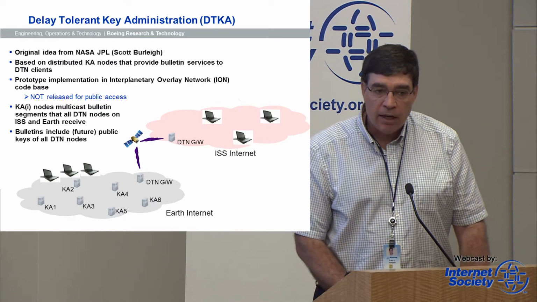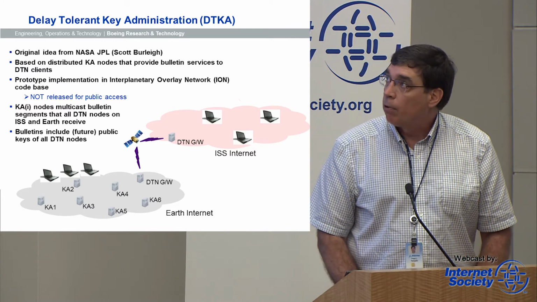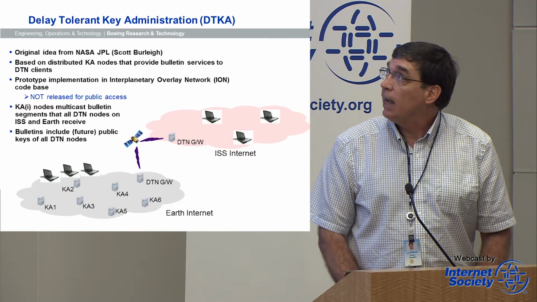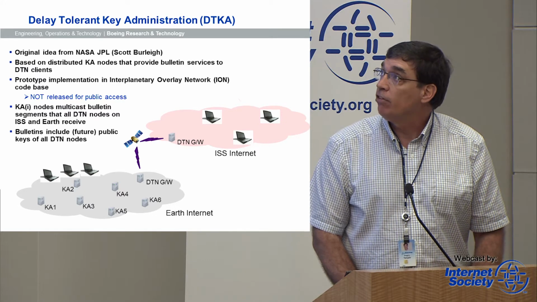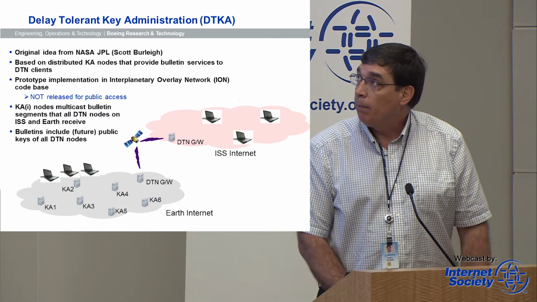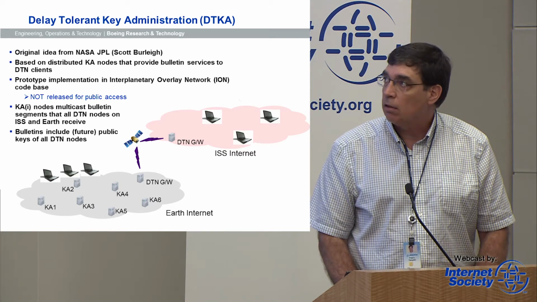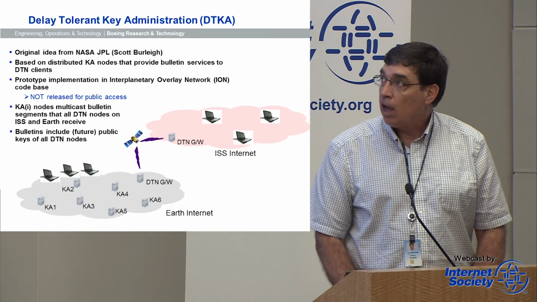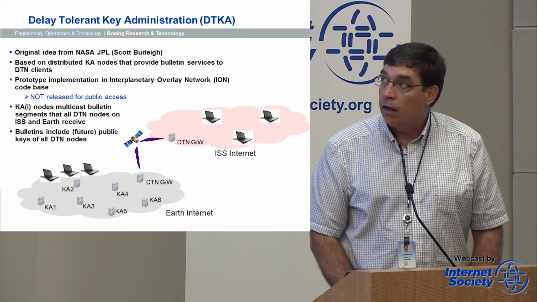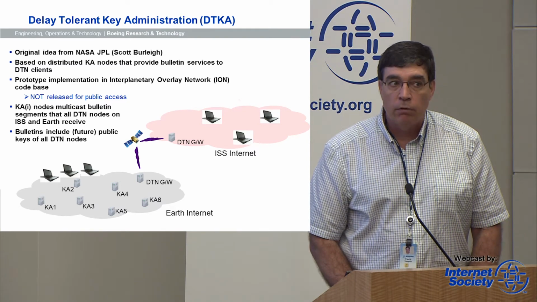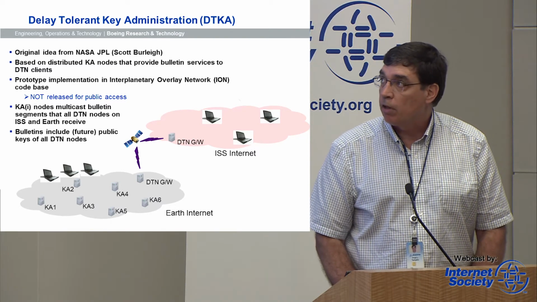So we have this idea that came originally from Scott Burley called the DTKA, Delay Tolerant Key Administration Service. It's based on distributed key authority nodes that provide bulletin services to DTN clients. There's a prototype implementation in ION. We in Boeing have been working with that implementation for some time now.